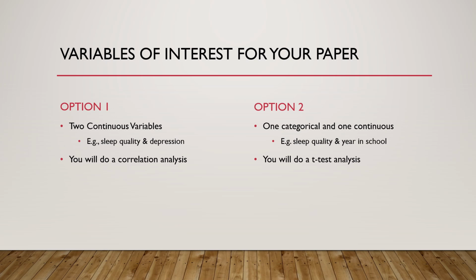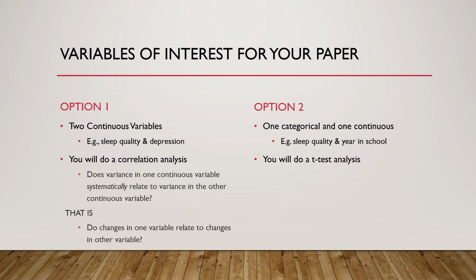And if you chose this option, you're choosing those two continuous variables because you're going to do a form of correlation analysis. As a reminder, a correlation analysis is where you're seeing if the variance, the change, the variability in one continuous variable, how much it shifts, is that systematically related to the change and variance in the other.